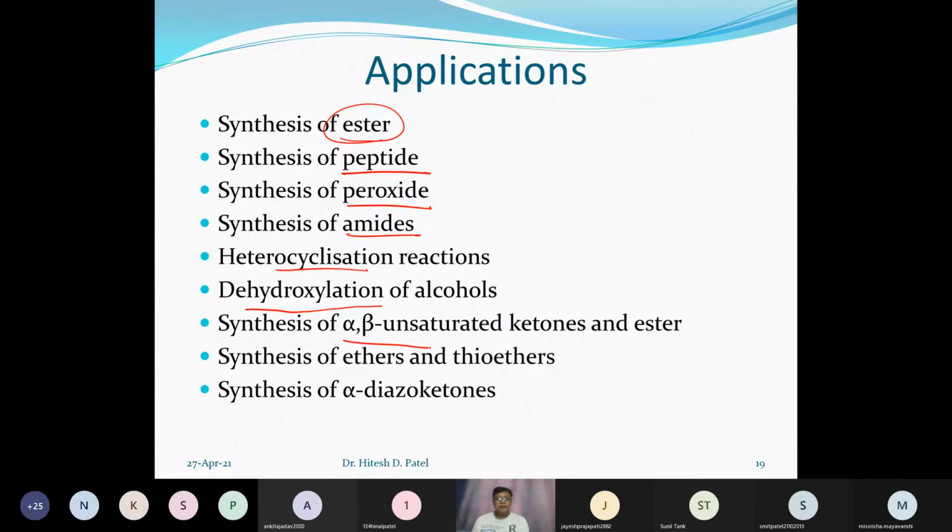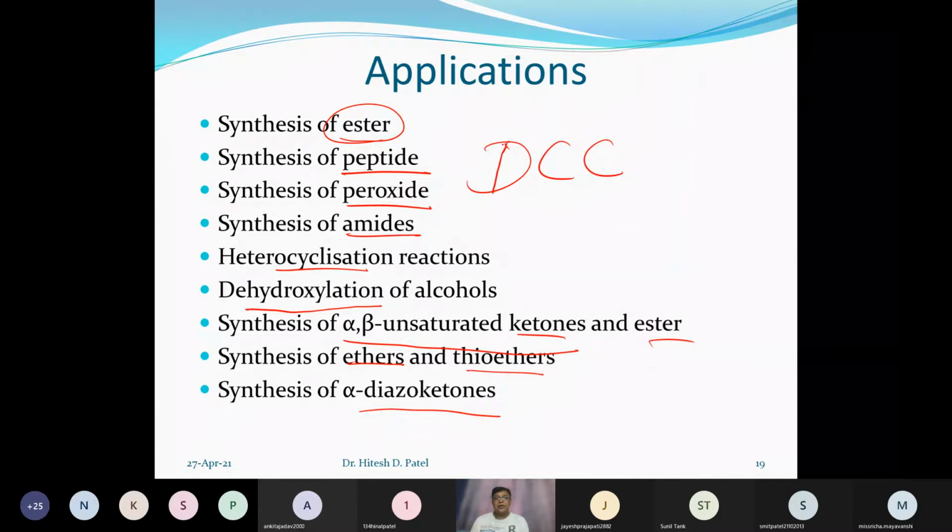Then preparation of alpha beta unsaturated ketones and esters, ethers, thioethers, diazoketones, all compounds we can synthesize with the support of one reagent, its name is DCC. So one reagent will be useful for preparation of various types of products.